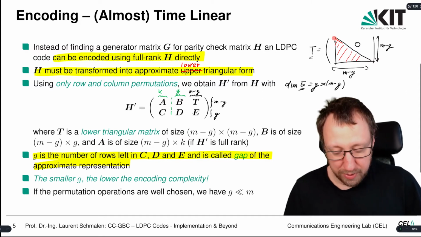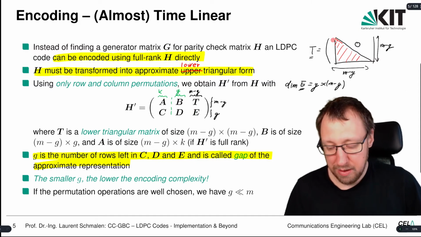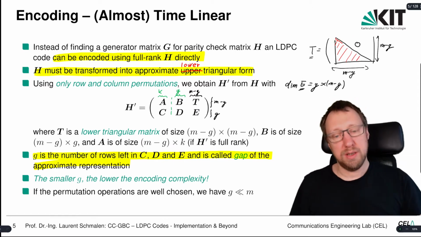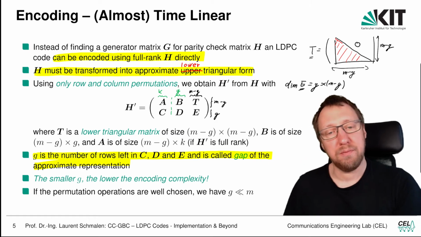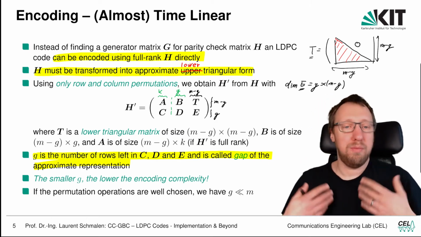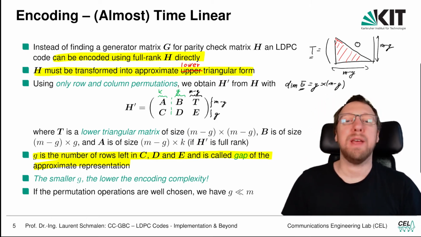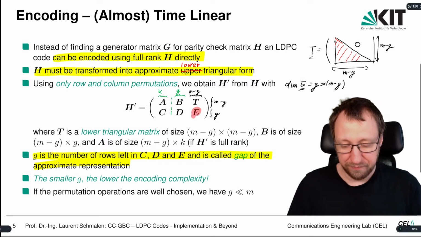If we want to get rid of these entries, we just multiply the rows by this entry, then we get rid of the first column, and so on. So using Gauss-Jordan elimination operations, we can get rid of E.